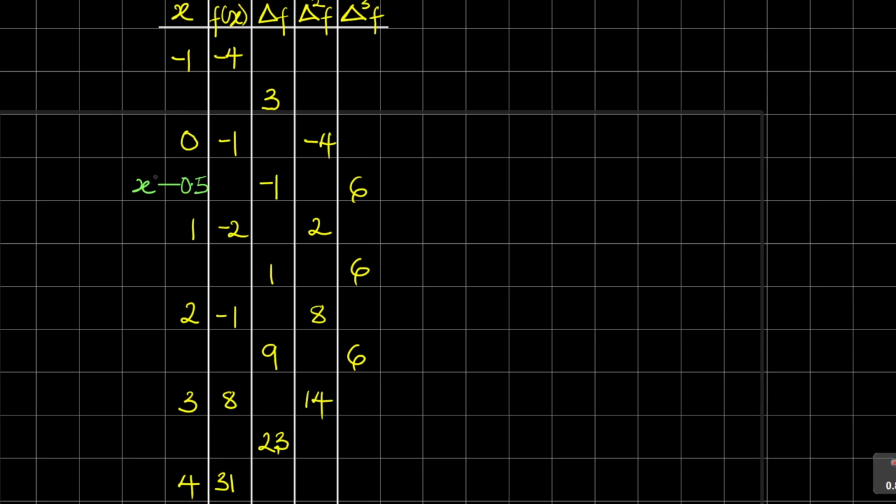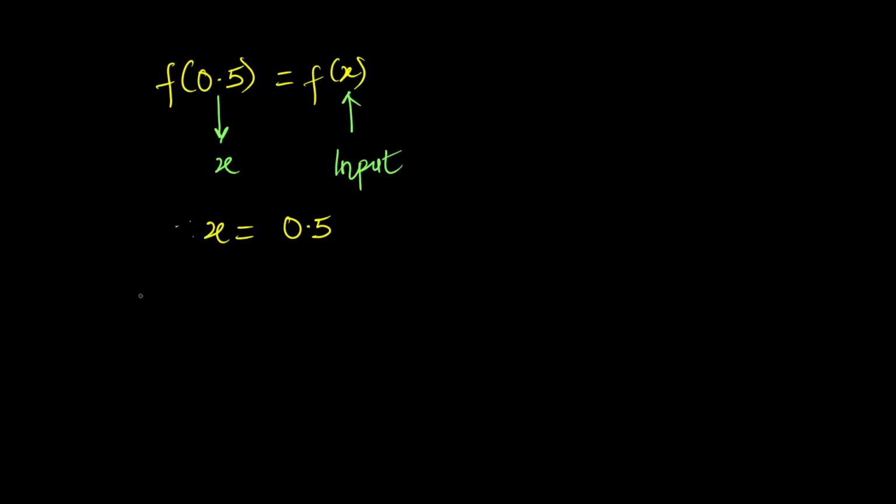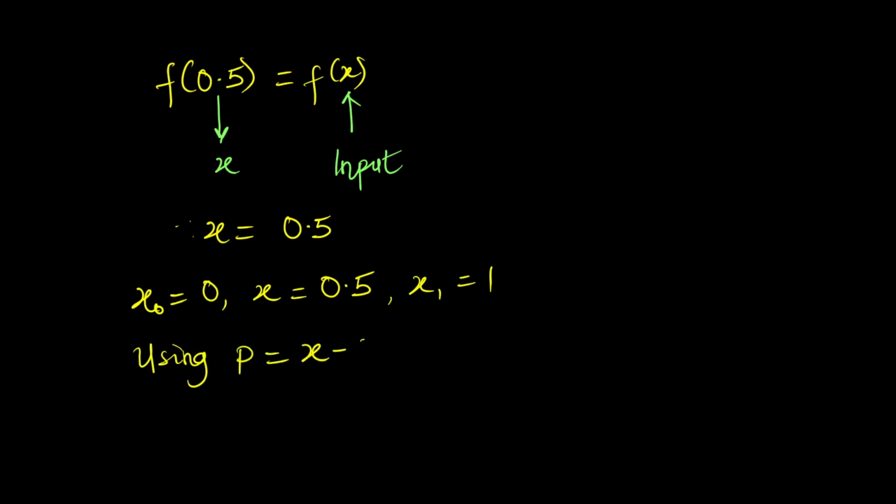Now we are going to consider the boundary. The value on top will be denoted as our x0, while the value below will be denoted as our x1. So from the table, our x0 is equal to 0, our x is equal to 0.5, our x1 is equal to 1. We are going to find our point, x minus x0 all over x1 minus x0.